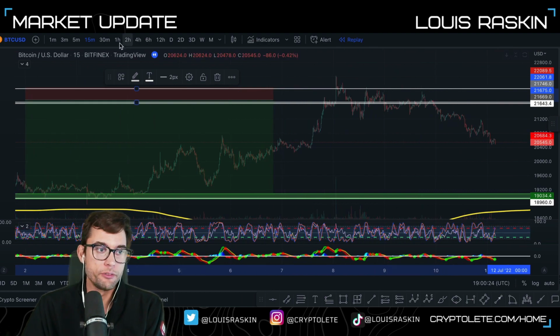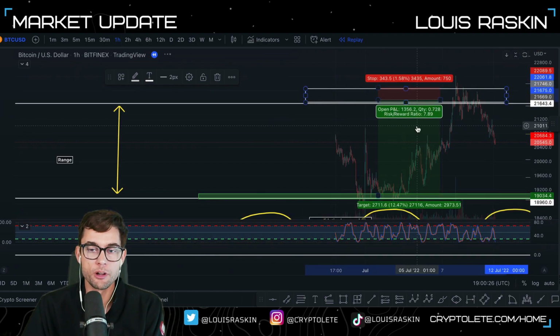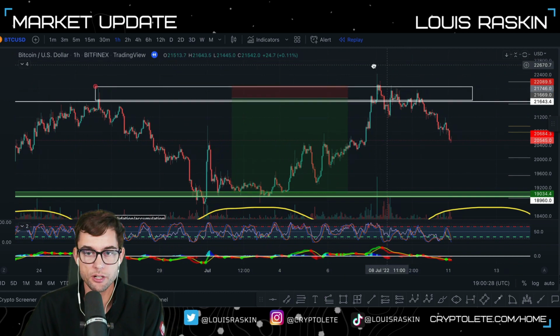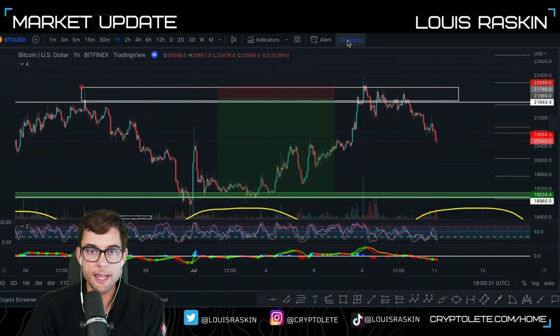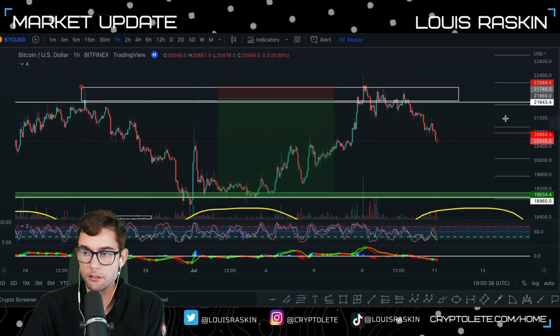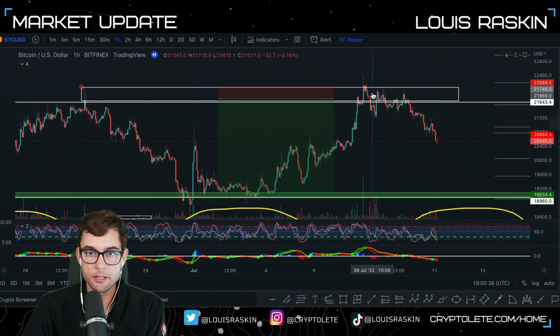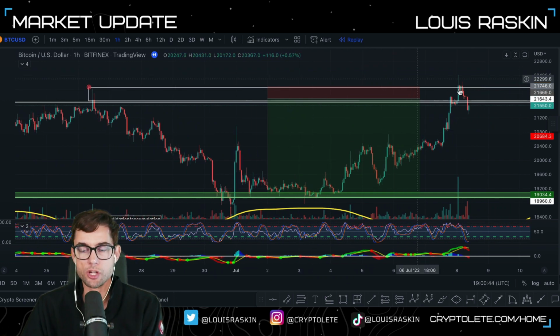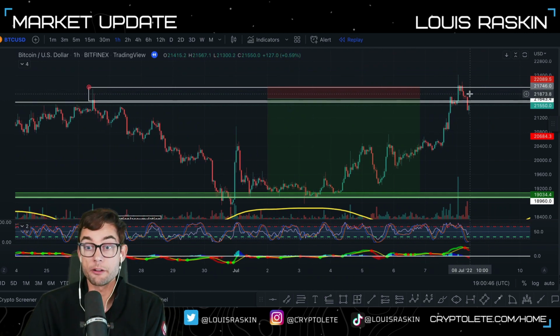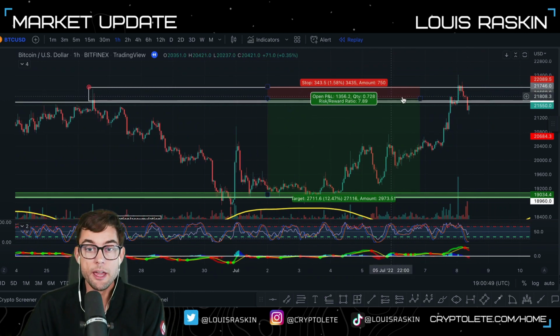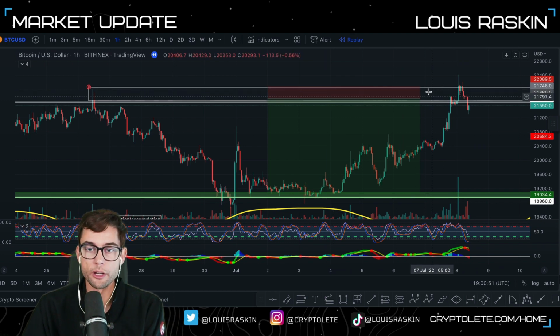I'll go to the 1-hour because I really don't want to just say the 15-minute chart is it. But you start looking at it, and let me bring this back a little bit, say here, and you'll say, okay, this area is my area of interest. This is the area where I want to short it.